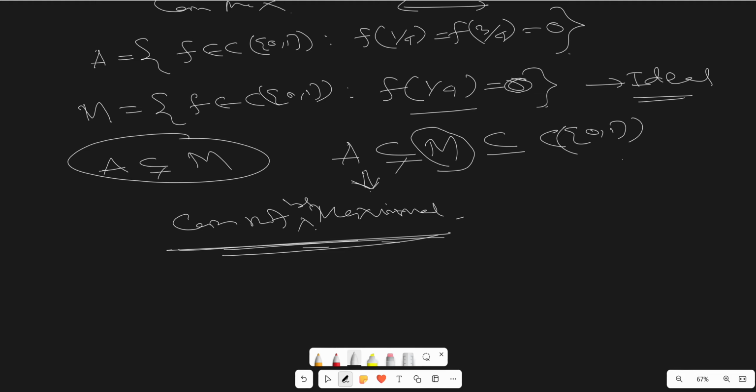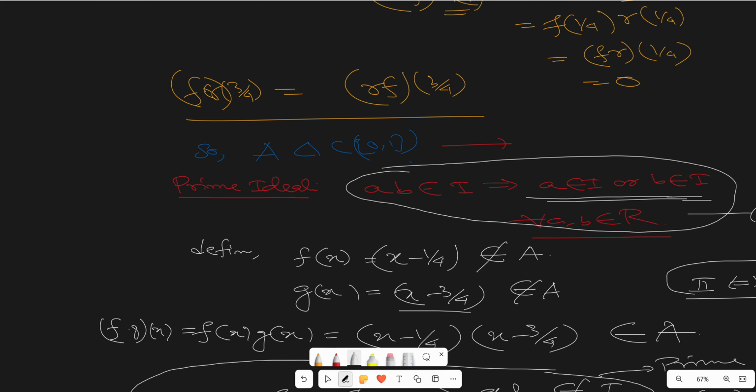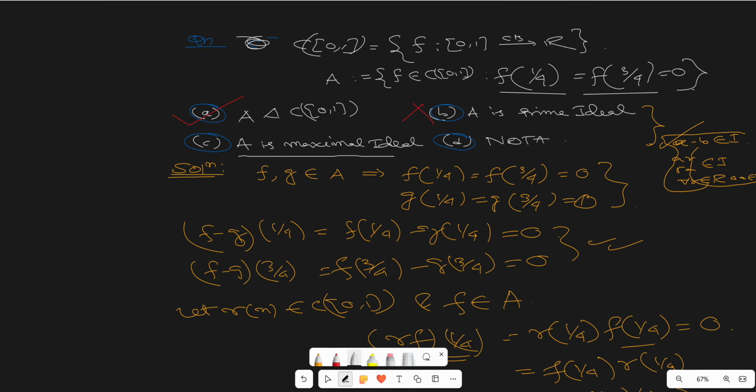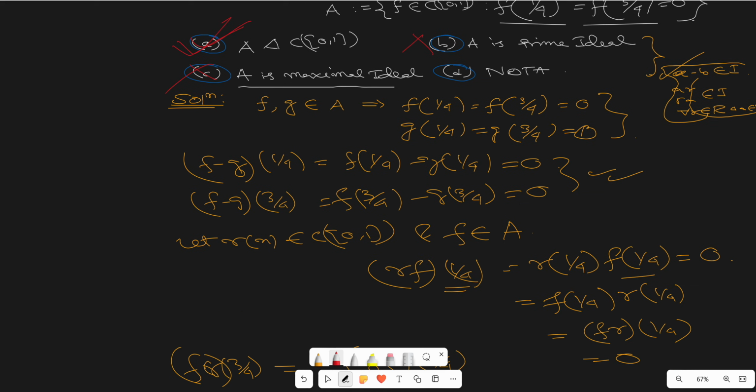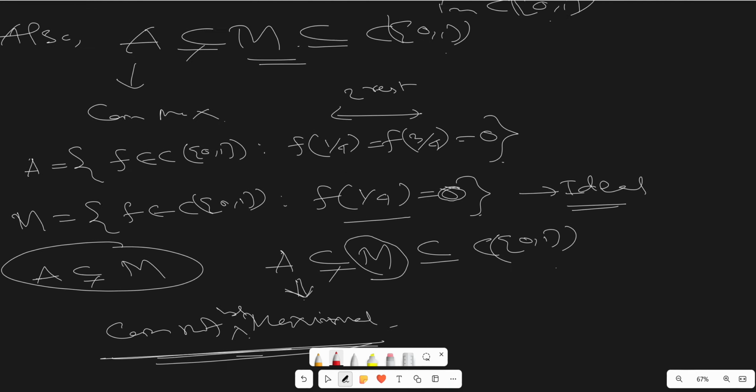Okay, so this finishes the proof that A cannot be the maximal ideal, right? What was our question? So this is also false. So the correct option is only A. A is only an ideal. Okay, so now I think we're done with the question.